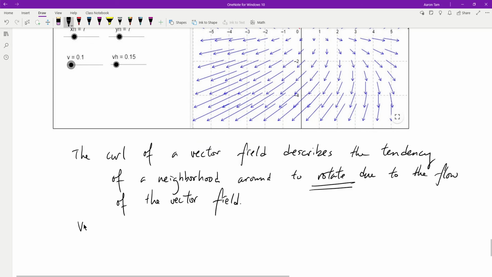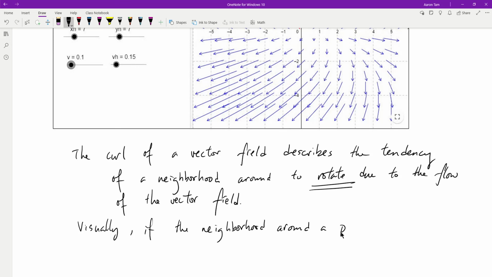Visually, what curl does is the following. If the neighborhood around a point is, let's say, spinning due to the speed differential, basically due to the flow of the vector field, what does the curl do is the following.